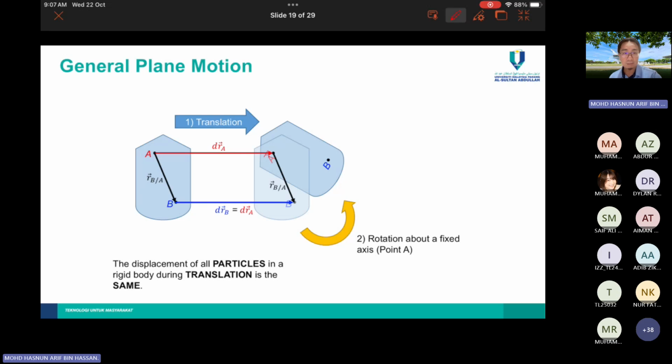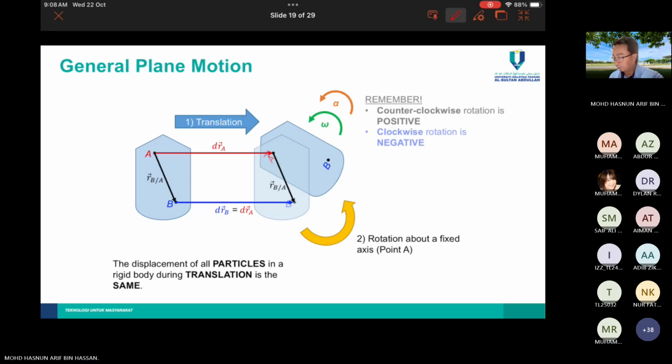Now, in the second phase of the motion, the object will undergo rotation. The rotation happens about point A. Point A now becomes the origin, the fixed axis, and the object rotates about point A. So the one that is moving around point A is basically point B. Okay. So there is the angular velocity omega and also the angular acceleration alpha.